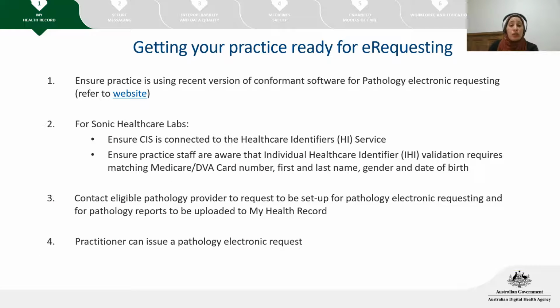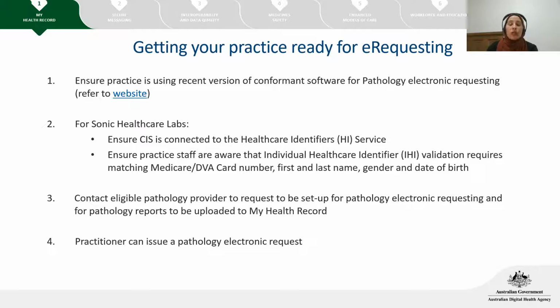Okay, so just to summarize, the steps that need to be done for a practice to be enabled. As we mentioned before, they need to be using the recent version of the software. For Sonic Healthcare brands, there's just an extra step where the practice needs to perform an individual healthcare identifier validation.